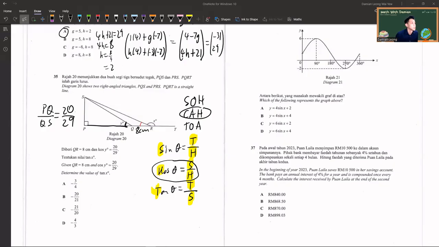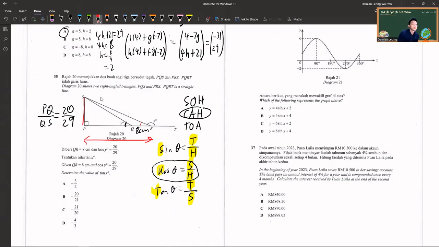Okay, each quadrant. So tangent opposite over adjacent. Okay. Opposite over adjacent.